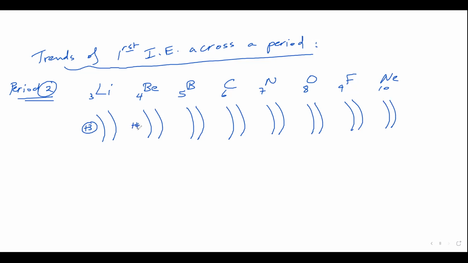But here, the positive charge is +3 for lithium. For beryllium, we have +4. For boron, +5. For carbon, +6. For nitrogen, +7. For oxygen, +8. For fluorine, +9. For neon, +10. So the nuclear charge increases, or the positive protons in the nucleus increase.